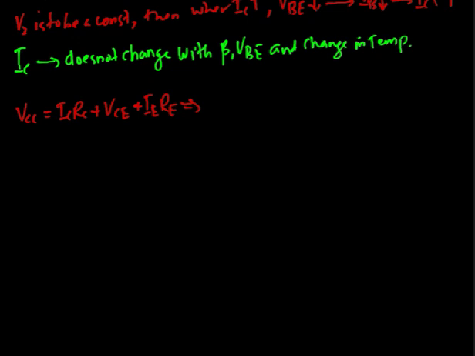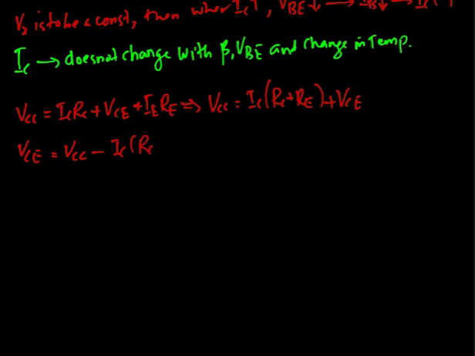Then this equation becomes VCC is equal to IC into RC plus RE plus VCE. Now the expression for VCE is equal to VCC minus IC into RC plus RE.